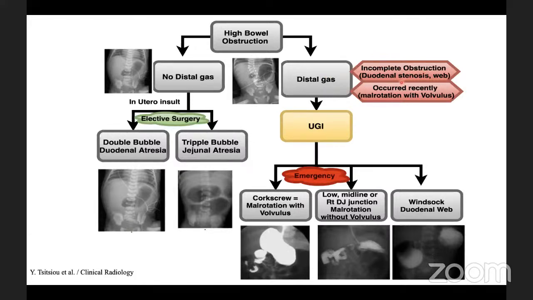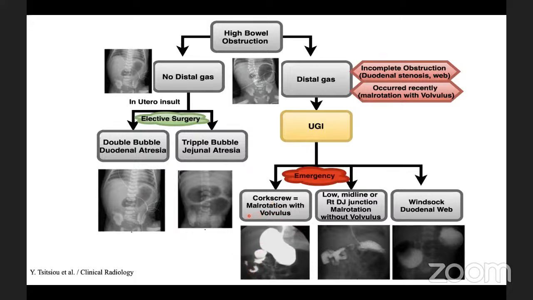And you might be dealing with emergencies like malrotation with volvulus or duodenal stenosis or web. In that case, an urgent upper GI investigation needs to be ordered. And if you remember, 5 patterns need to be understood on upper GI. If there is a corkscrew appearance like this, you can see it means that there is a malrotation with volvulus.